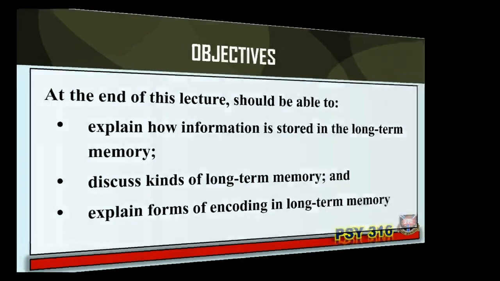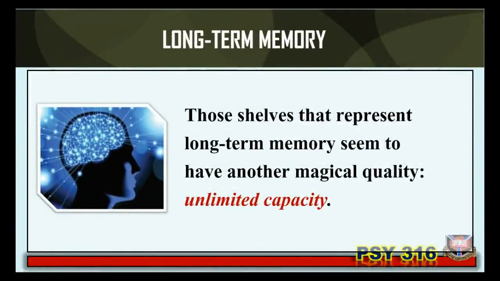Content. Long-term memory. Let's get back to our analogy of the carpenter's workshop. Those shelves that represent long-term memory seem to have another magical quality: unlimited capacity. However, the way you place your tools on the shelves is crucial for later retrieval.